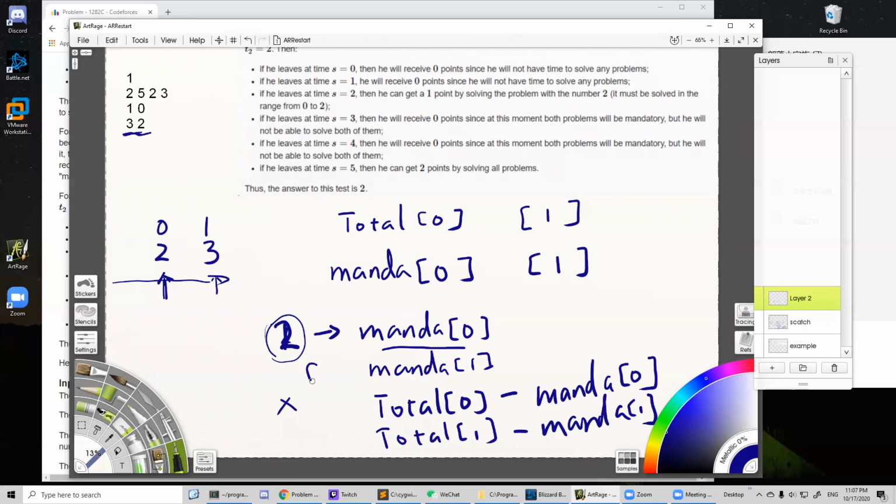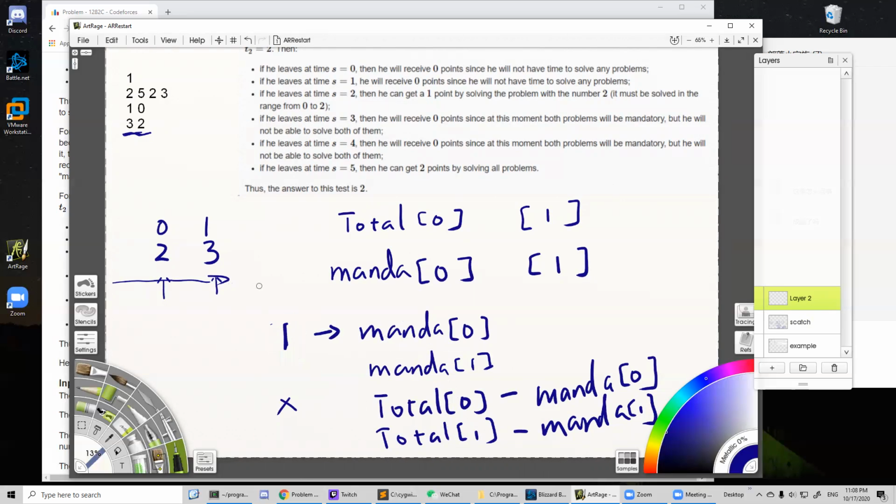And we are going to have 0 seconds left. Because the hard mandatory problem counter is 0, in this case we can make sure that all of those mandatory problems are solved. And we can skip the next 2 steps because we don't have time left. So the point we can get is 1, right?